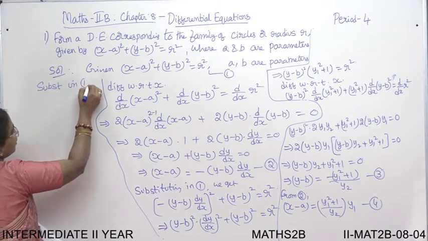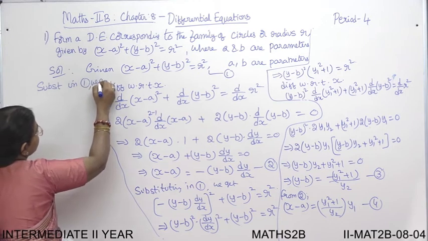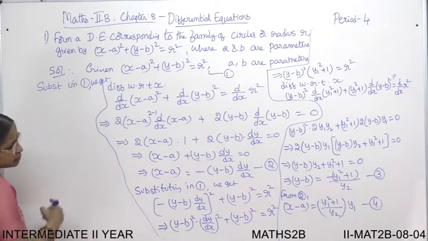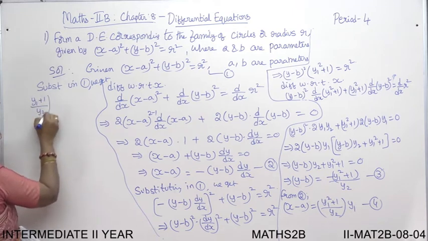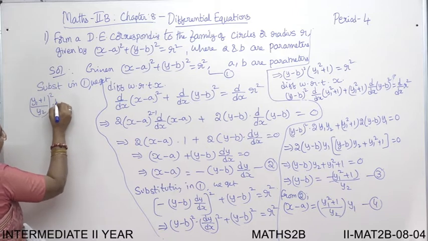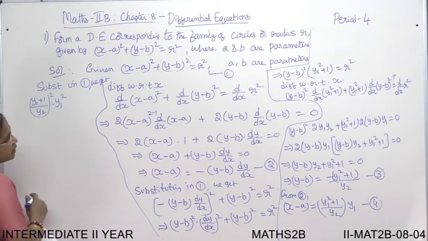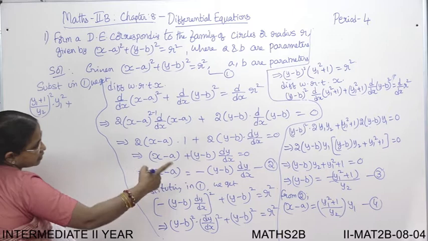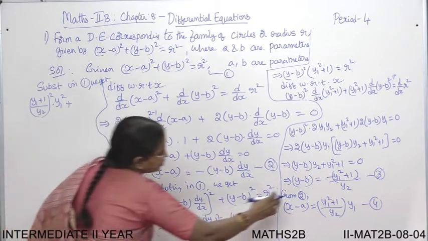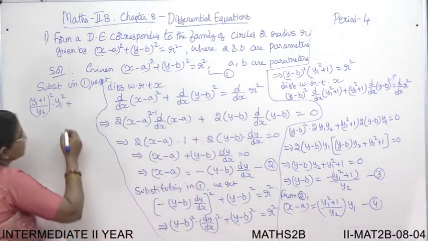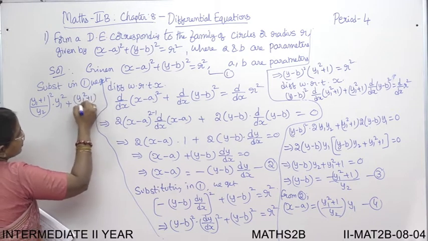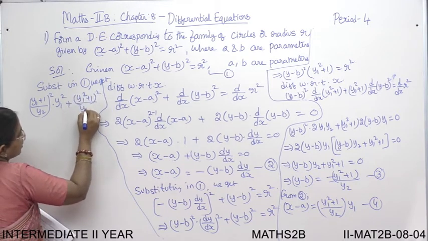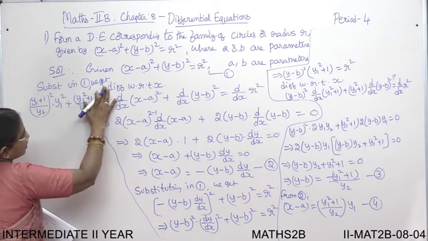Substituting in 1 we get x minus a whole square, which means (y1 square plus 1) by y2 whole square into y1 square, plus y minus b whole square, you square this. When you square this, it becomes (y1 square plus 1) whole square by y2 square is equal to r square.